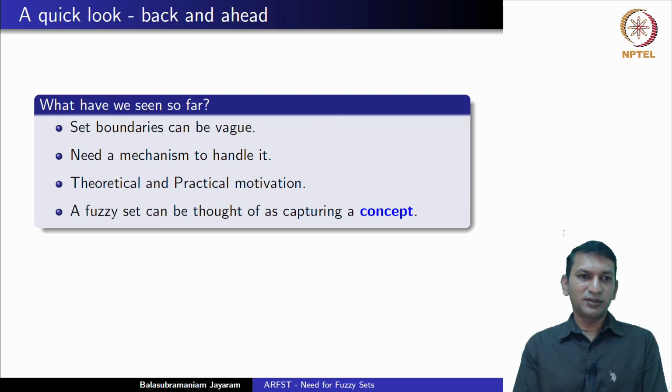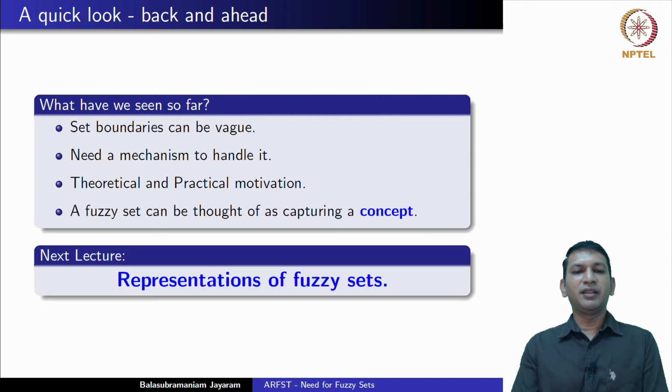As we saw a few moments before, the representation that is given to the captured knowledge is very important, and if you want to capture it through this concept of fuzzy set, a useful, appropriate and amenable representation is very important, and this is what we will see in the next lecture.